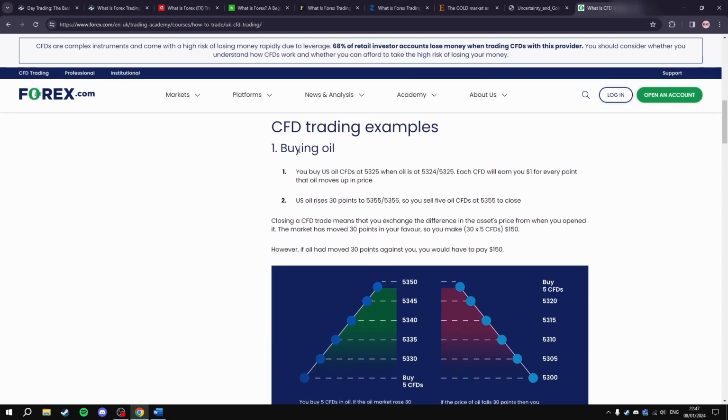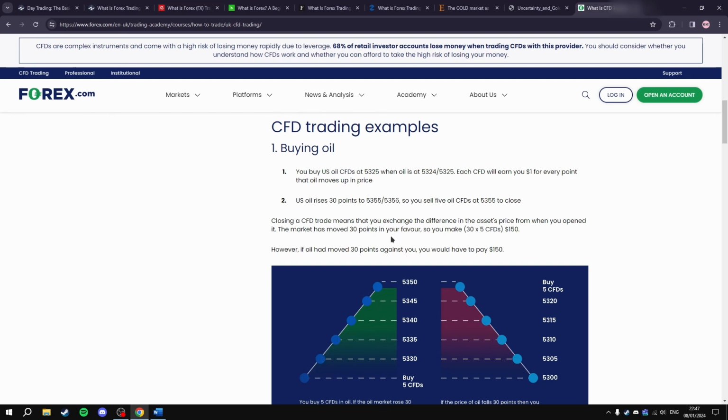CFD trading examples: buying oil. You buy US oil CFDs at 5325. Each CFD will earn you $1 for every point that oil has moved up in price. US oil rises 30 points, so you sell 5 oil CFDs to close.